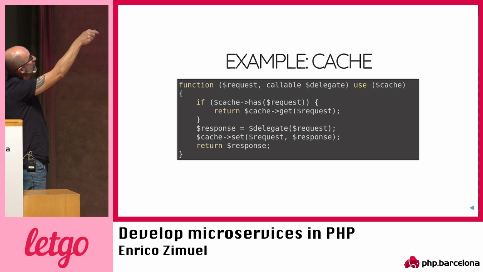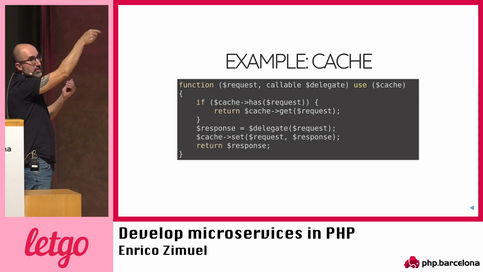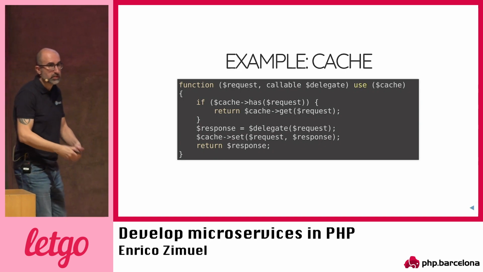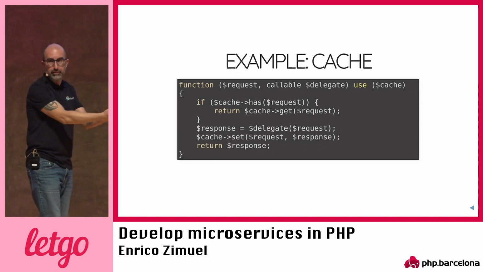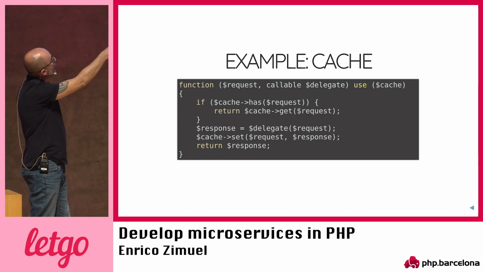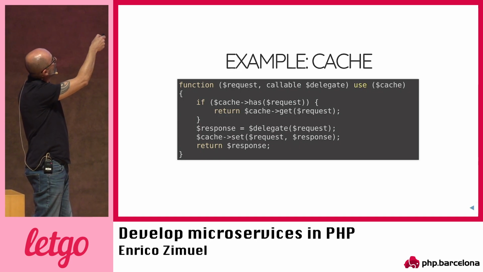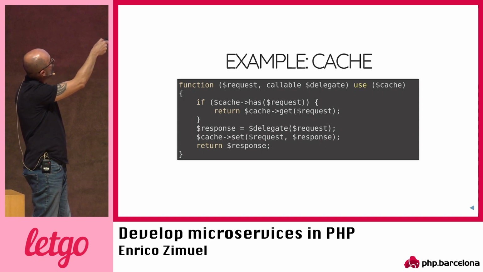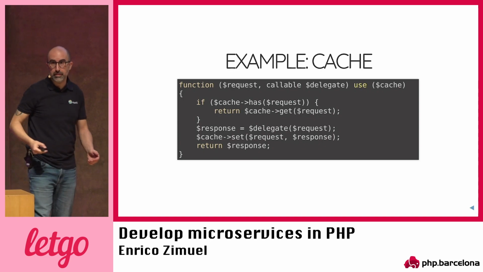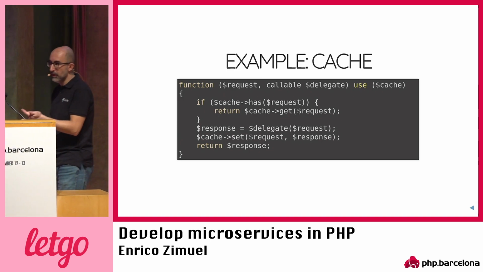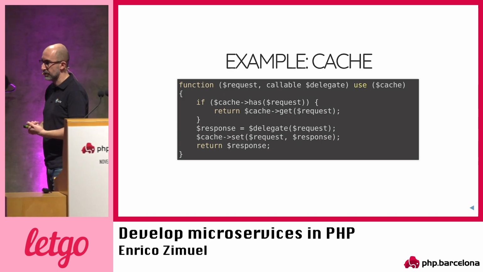If the request is not in the cache, I need to actually generate the response. And how do I generate the response? Just calling the delegate, whatever is called after. So I call delegate, passing the request, I store the response in the cache, and then return the response. So this line, $cache set, is important because the next time I will consume the cache instead of doing all the requests.